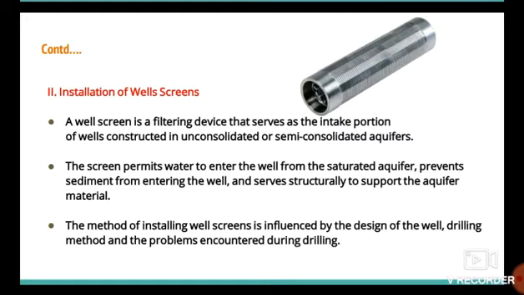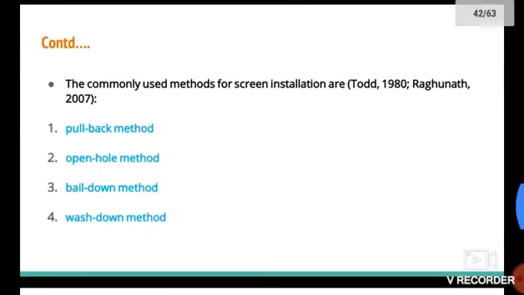A well screen is a filtering device that serves as the intake portion of wells constructed in unconsolidated or semi-consolidated aquifers. The diameter of the well screen will always be less than that of the well casing. That you have to note.